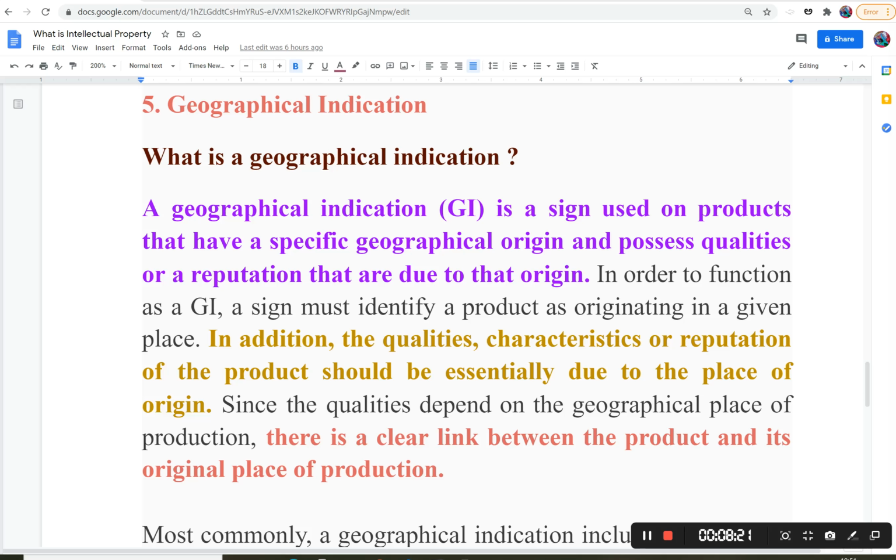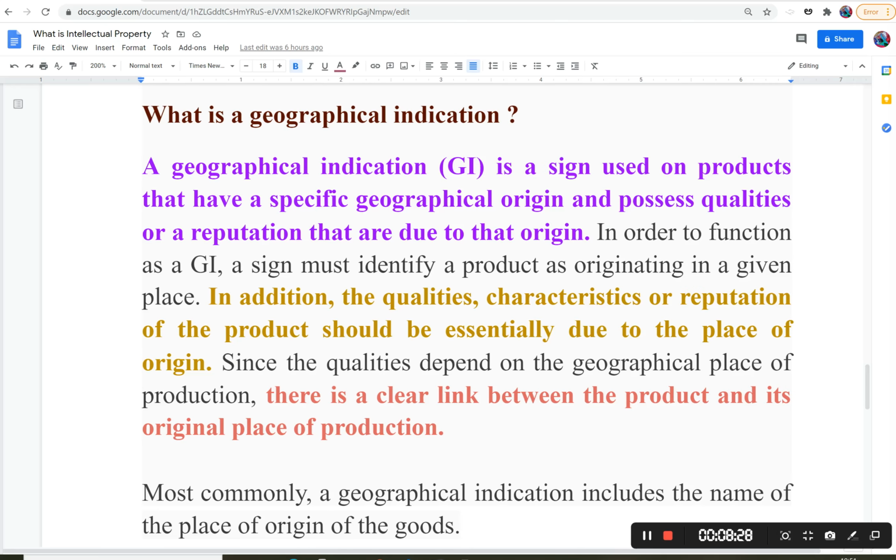For example, the Banginapalli mango variety from the state of Andhra Pradesh was given a geographical indication.